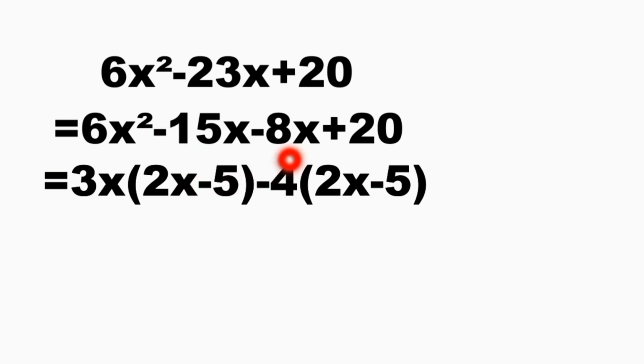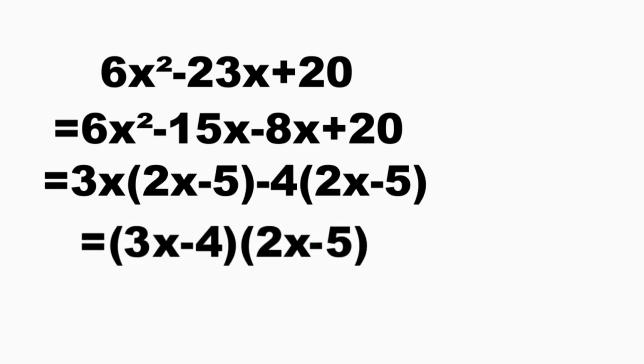For the second group, we factor out negative 4, so negative 8x divided by negative 4 is 2x, and 20 divided by negative 4 is minus 4. So factor out quantity 2x minus 5. So the factors are quantity 3x minus 4 and quantity 2x minus 5.